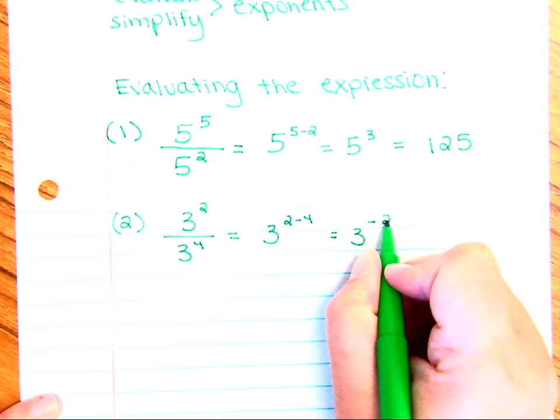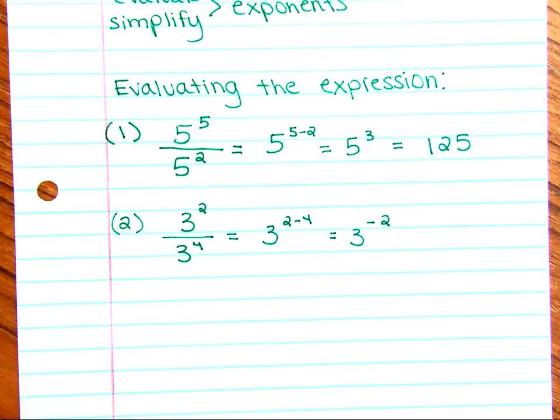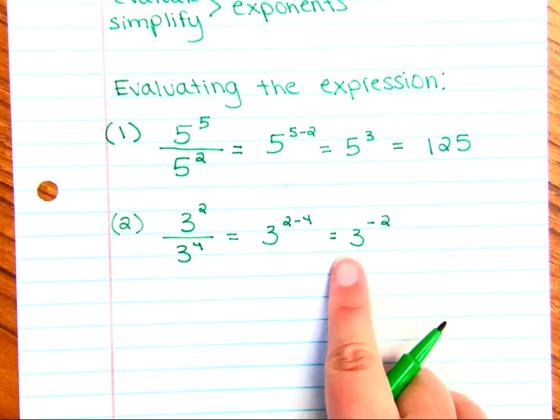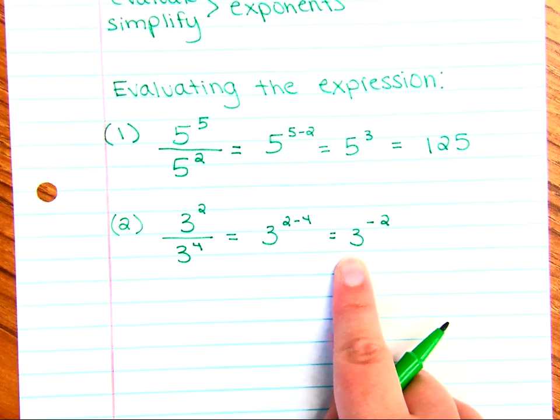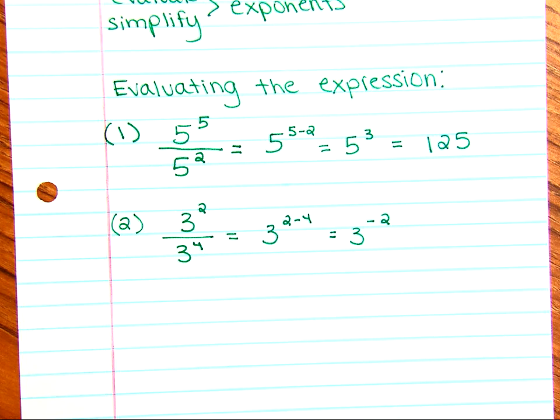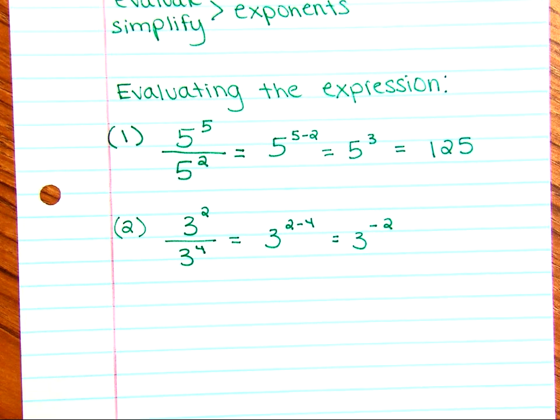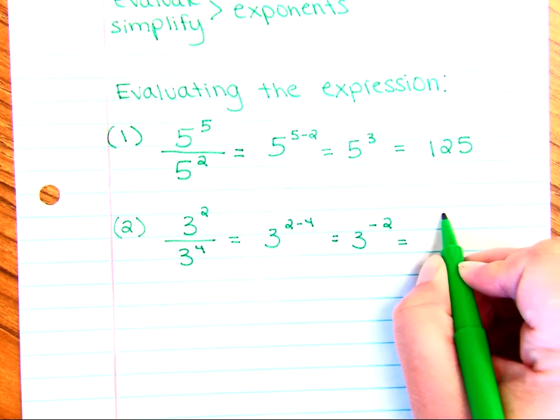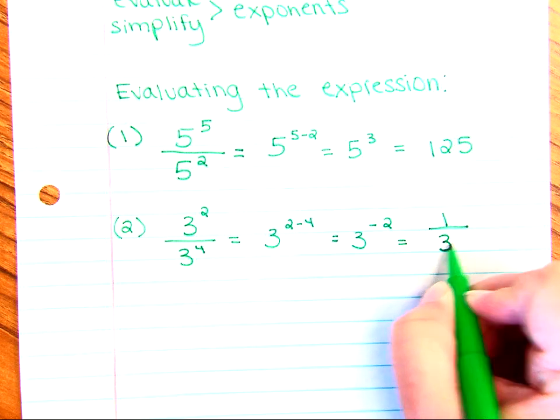negative 2. Another one of your laws is that you should not have any negative exponents, and in order to make that not a negative exponent, you write it as its reciprocal, and then we don't have our negative. So this is going to become 1 over 3 squared.